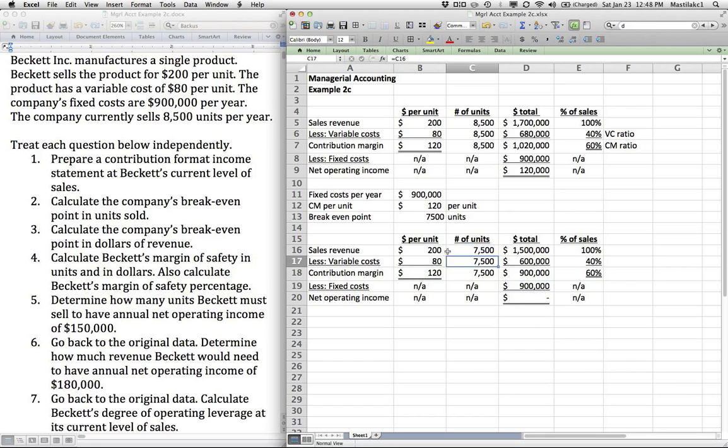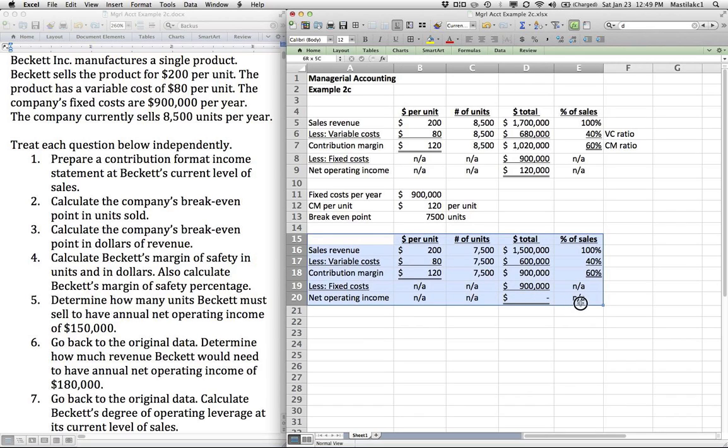If we set our number of units equal to that division, 7,500 units, we can see that our revenue, our variable costs, and our contribution margin are adjusted. And our contribution margin is equal to our fixed cost, which has to be the case to get our net operating income equal to 0. So that is another way that we can figure out our break-even point in terms of number of units.